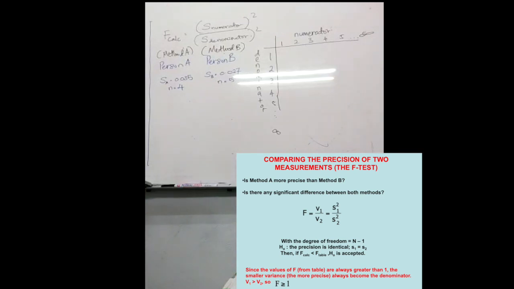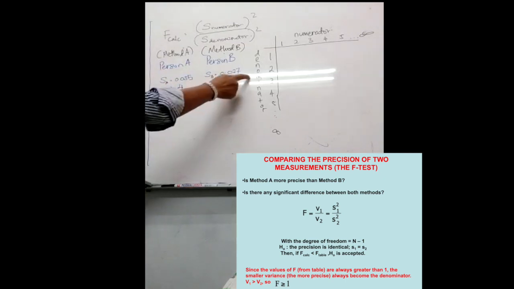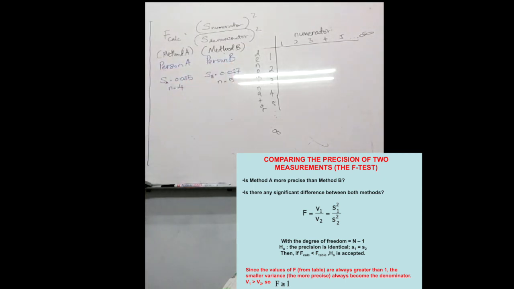That is our H0. For example, let's say the results come out from method A or person A versus method B or person B. This is the standard deviation for person A or method A, and this is the standard deviation for person B.